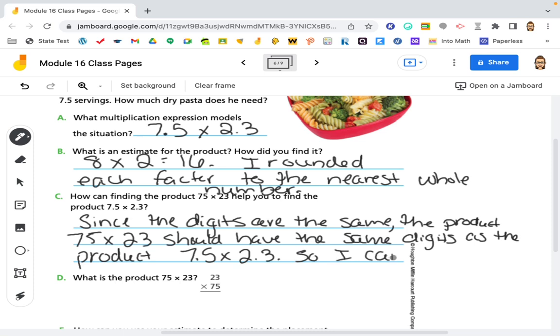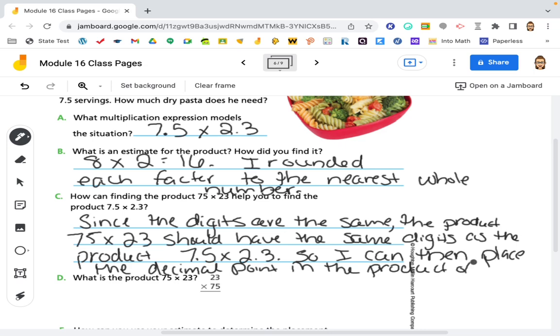So I can then place the decimal point in the product of 75 times 23. This is what is the product.